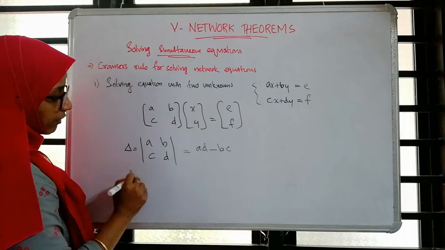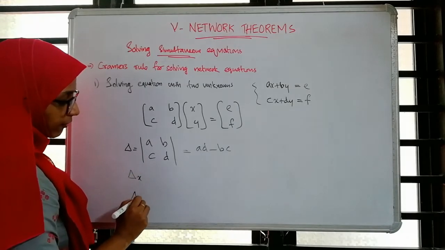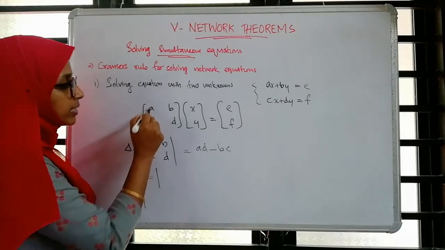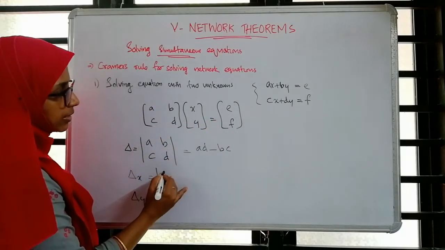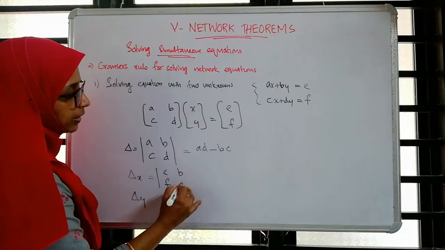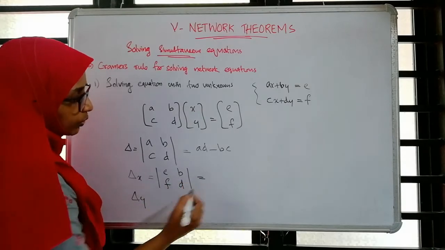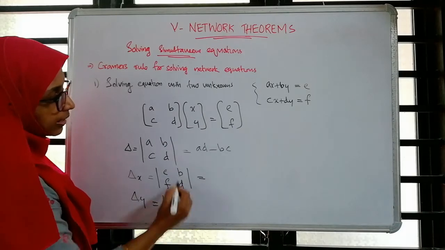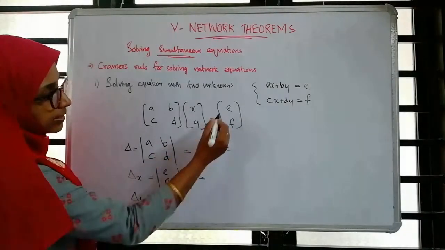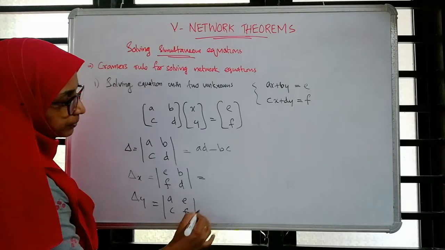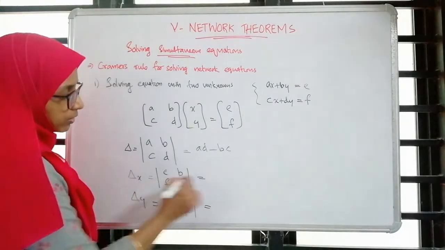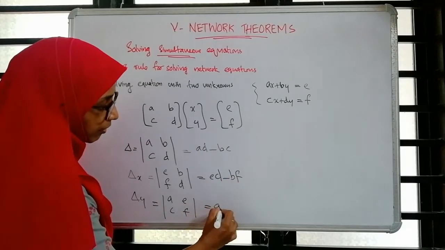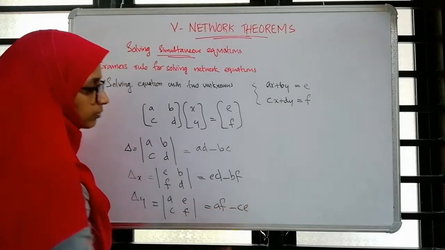Now we can find delta X and delta Y. For delta X, we replace the first column with the constants E, F, keeping B, D. For delta Y, we replace the second column with E, F, keeping A, C. So delta X is equal to ED minus BF, and delta Y is equal to AF minus CE.